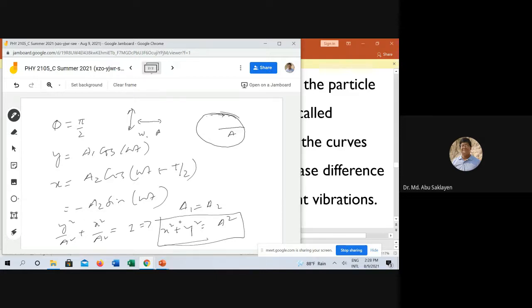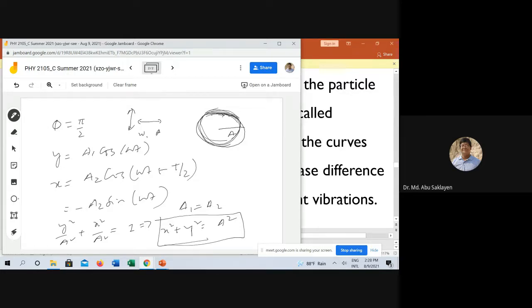It moves in a circle. Independently, individually, they are oscillating simple harmonically, I mean the particles of the medium.